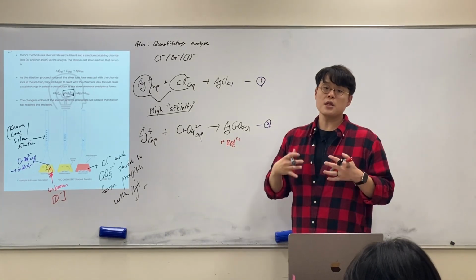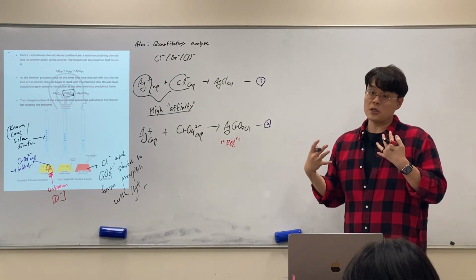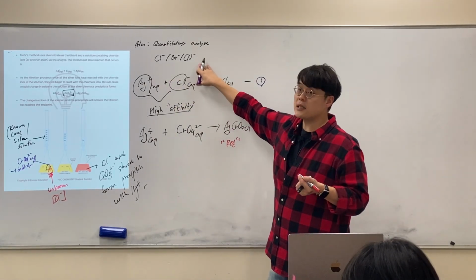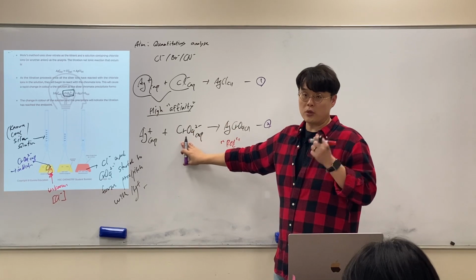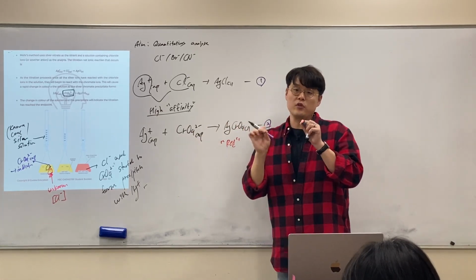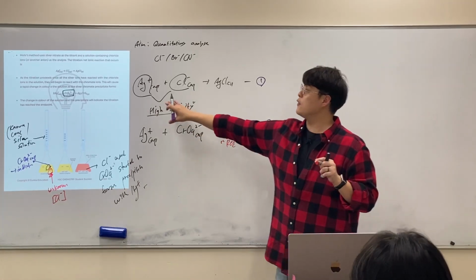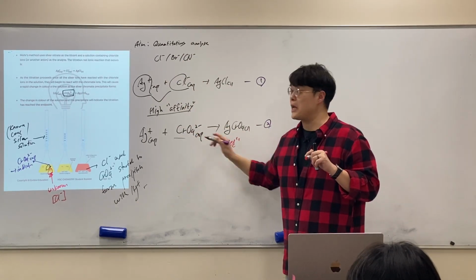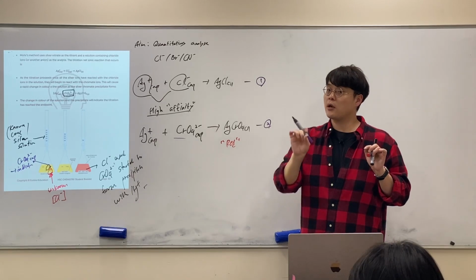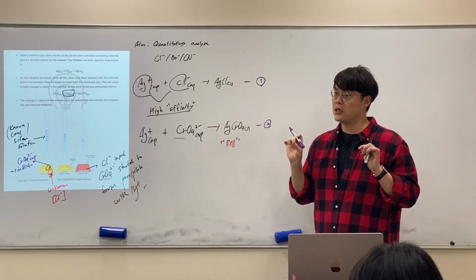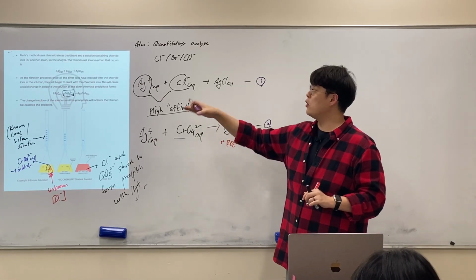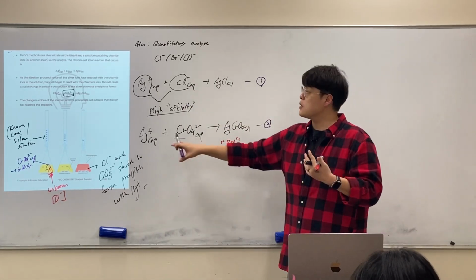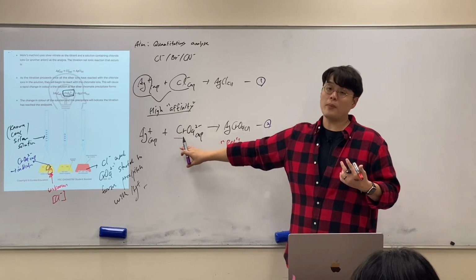So there is some priority during the reactions as well. Silver prioritizes chloride, bromide, or cyanide over the chromate. This is why we use chromate as our indicator, because when the color changes from yellow to red, that's the time when all that chloride has been used, and silver starts to form a precipitate with the chromate.